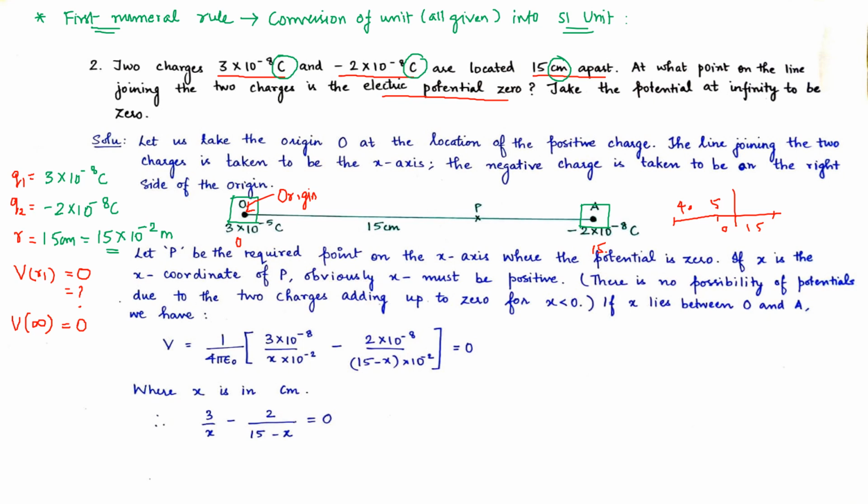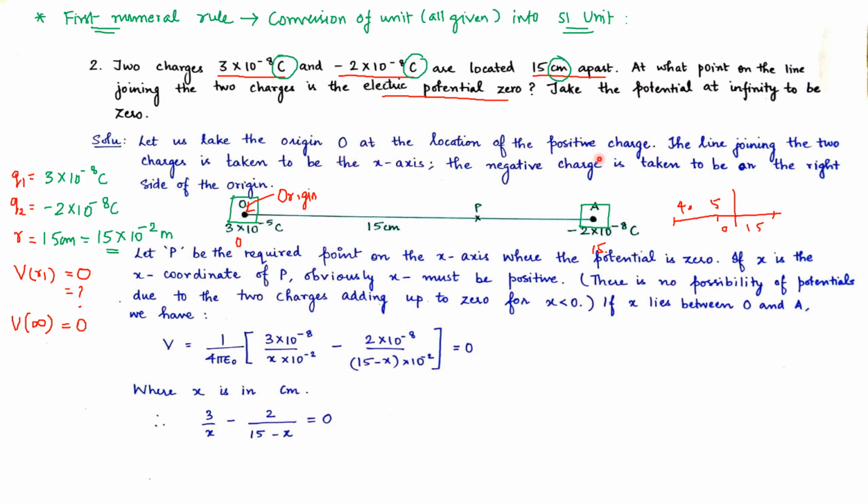Now let's start solving the question. How do we have to proceed with the question? We will take the origin, just check the pointer over here. Let's take origin O at the location of the positive charge.